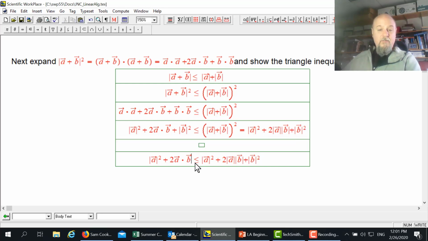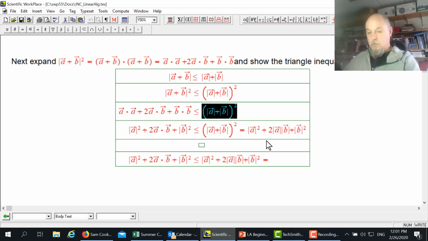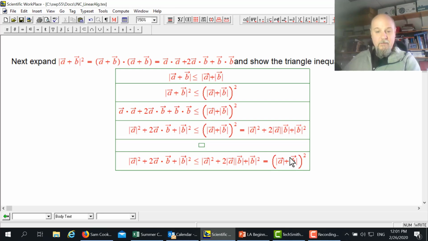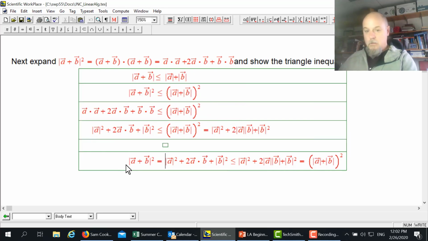I'm adding that to both sides. That's true. Oh, and now I know that this is equal to that, and I know that this side is equal to this. So now I have my proof. This is less than or equal to that.